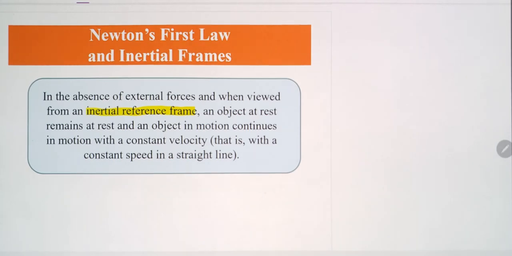What is the meaning of that? That means your frame of reference acceleration must be equal to 0. You don't have any acceleration in your frame of reference. Is that clear, Yusuf?